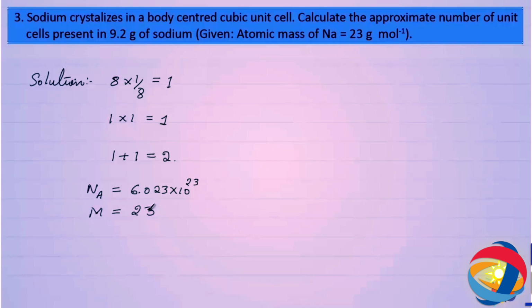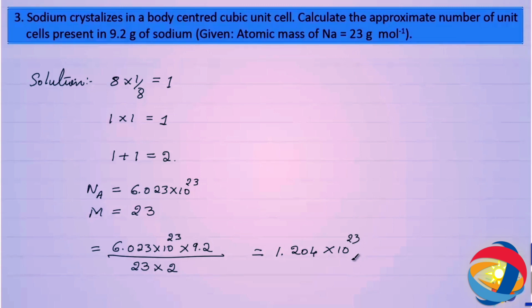Therefore, the approximate number of unit cells present in 9.2 gram of sodium is 6.023 into 10 to the power 23 multiplied by 9.2 gram of sodium divided by its atomic mass, and the number of atoms per BCC is 2. By solving this, we get 1.204 into 10 to the power 23.